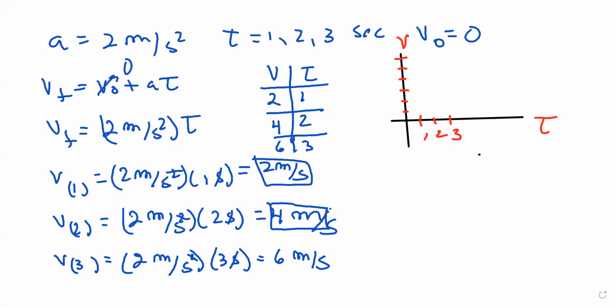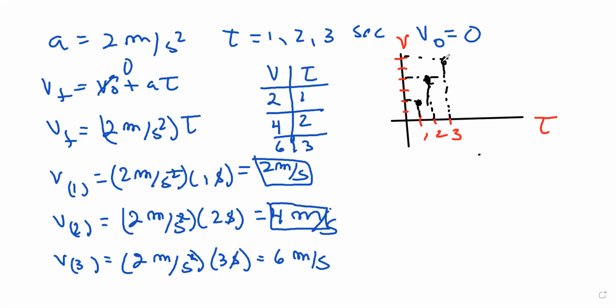So what do we have here? We have that for 1 is 2, which would be right here. And then for 2 is 4. So 1, 2, 3, 4 over here. There you go, right there. And for 3 is 6. 1, 2, 3, 4, 5, 6 over here. For 3, you go all this way here.